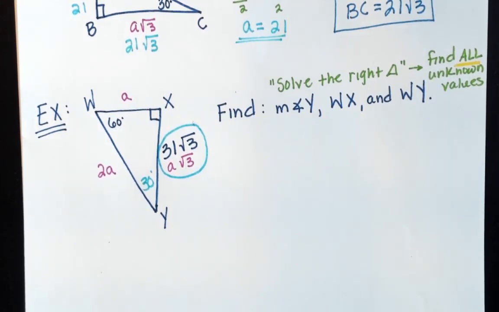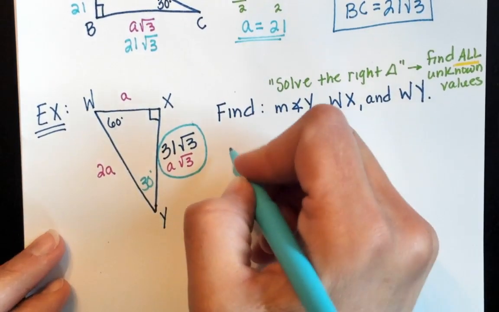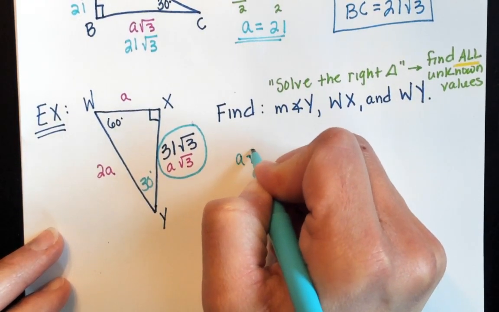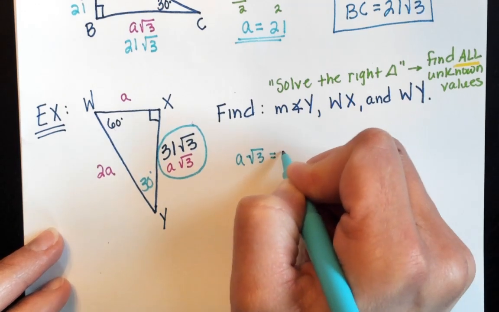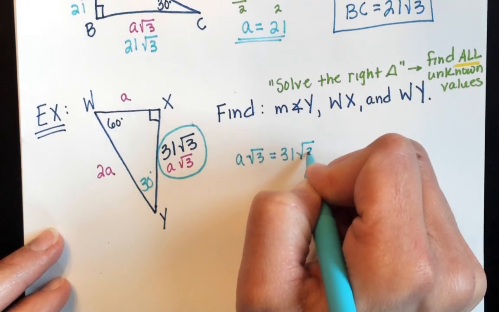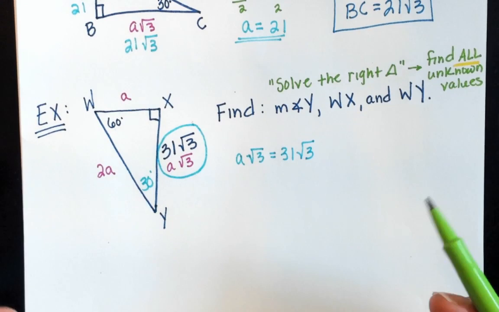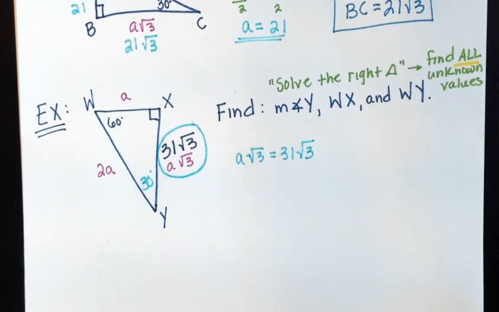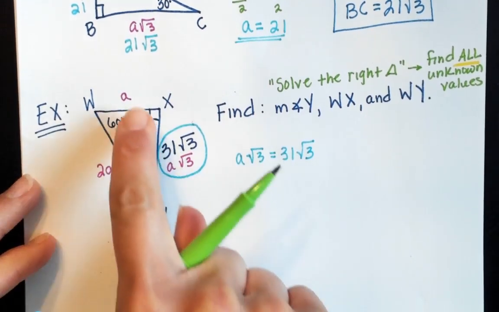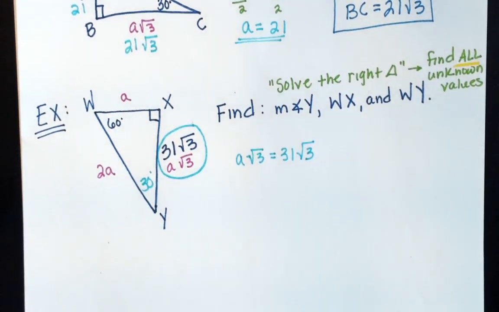So now that we're going to set them equal to each other and we're going to solve, we have A radical 3 equals 31 radical 3. Now, Siona or whoever else is following along, you may already know what A is. That's great. So just like our 45, 45, 90, if you already see that A is 31, plug that guy in, finish the question fast.